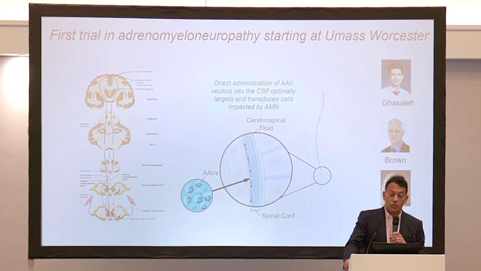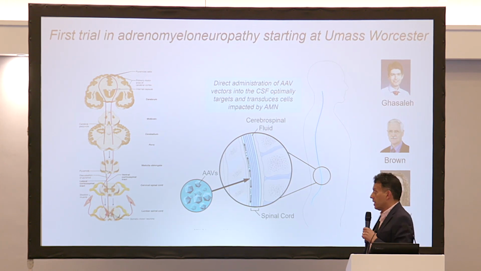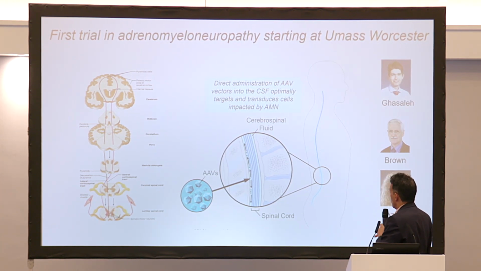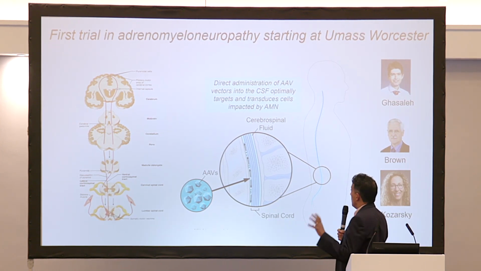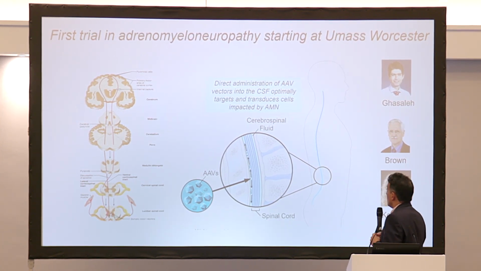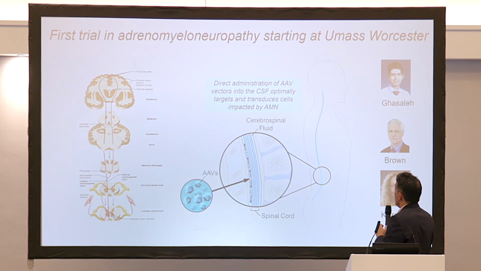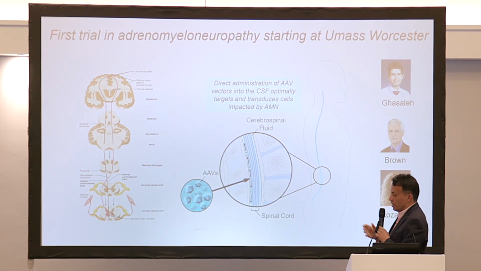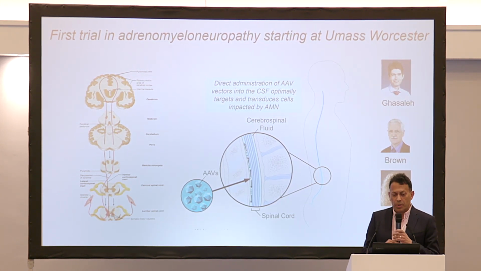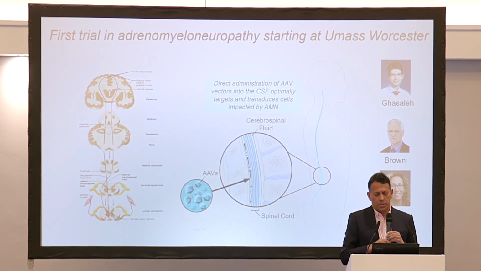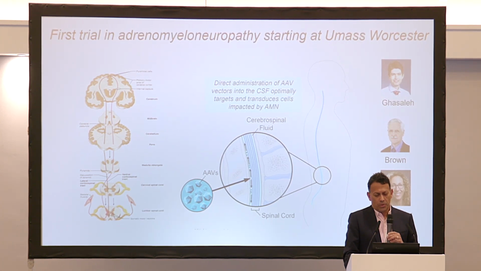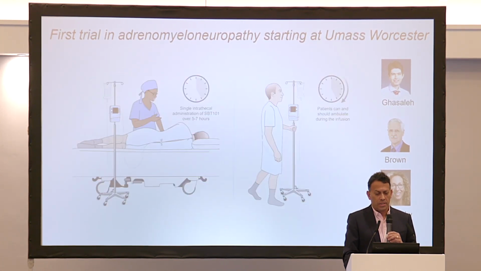Similar to what I just described in mice, this is an intrathecal approach using a pump with slow delivery to the lumbar intrathecal space, thereby targeting these long structures in the spinal cord that I mentioned before. This is a study being conducted by Dr. Gazemi and Dr. Brown at UMass.